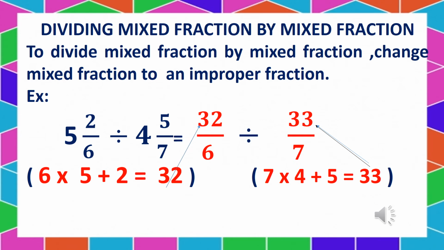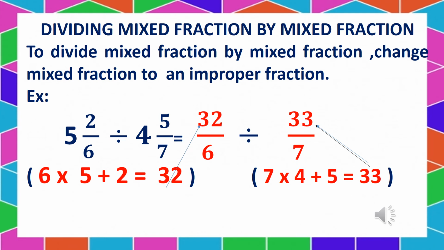Applying the rule that we have just applied a while ago, we will multiply the denominator by the whole number. So we have 6 times 5, which is 30, plus 2, we have 32. Then bring down the denominator of the mixed fraction. So the fraction will be 32 over 6.